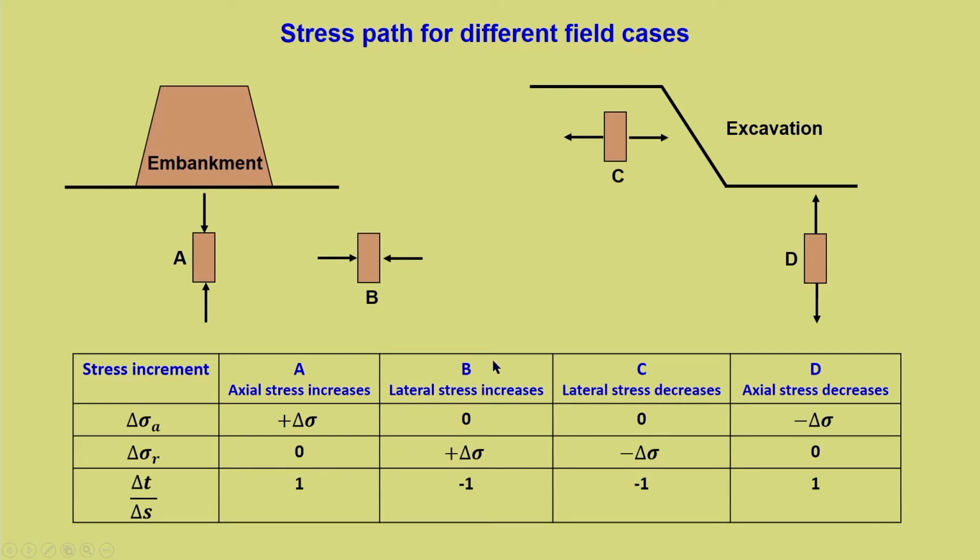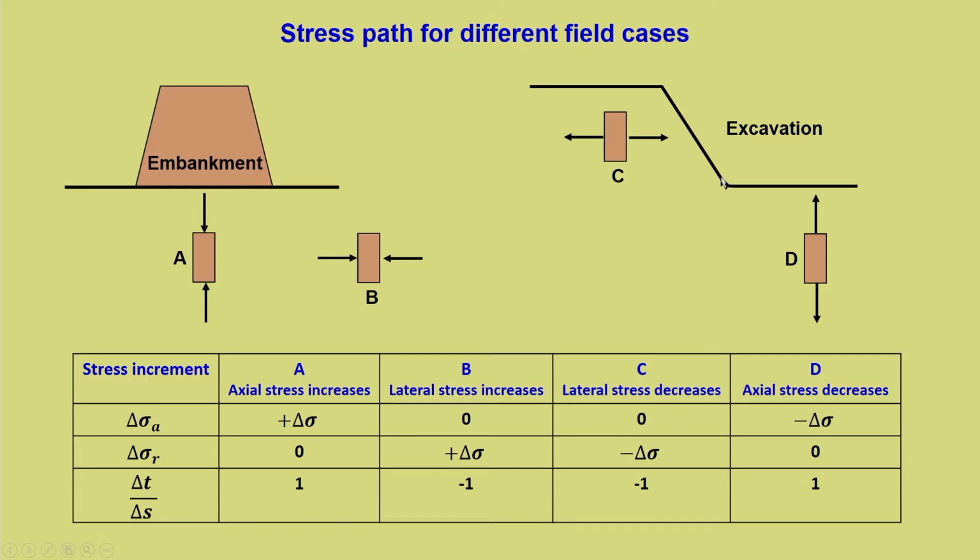Now, in the case of case B, delta sigma A is 0, there is no change, but the lateral stress is increasing. So, delta sigma R is equal to plus delta sigma. When you substitute this in delta t by delta s, we will get minus 1 as the slope.